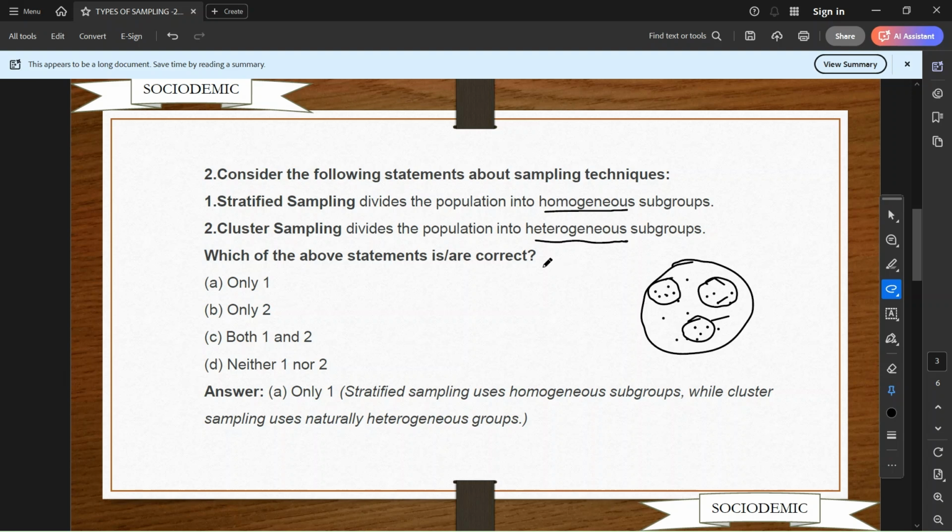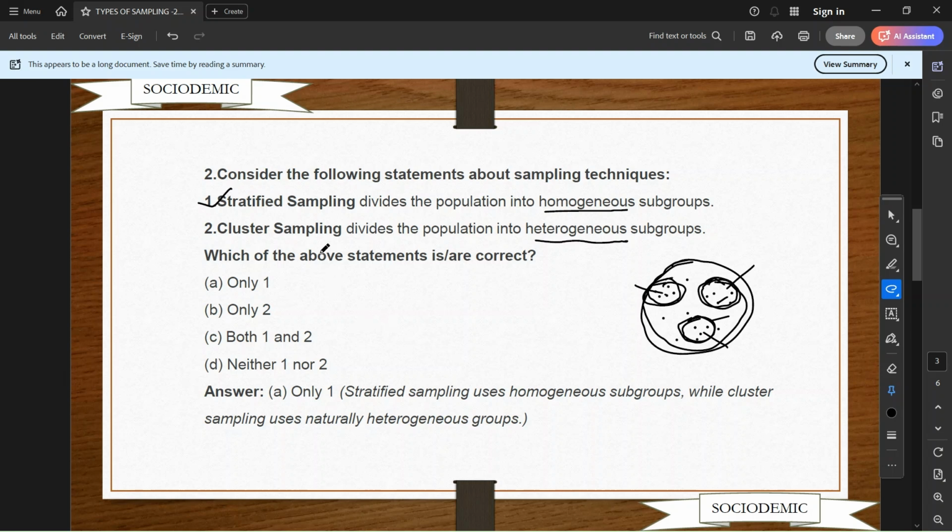So stratified sampling divides the population into homogeneous subgroups. Homogeneous means similar characteristics. So these are the children, these are the elders, these are the youth. Correct.